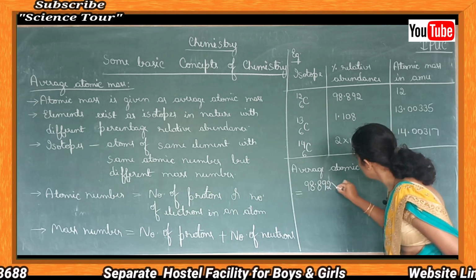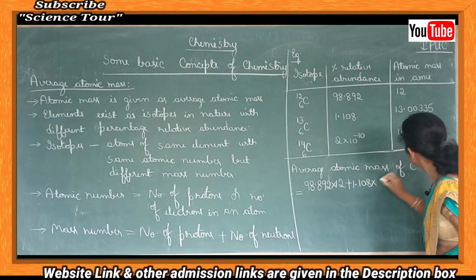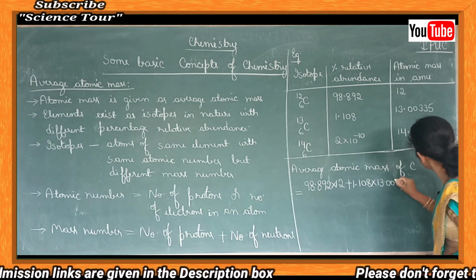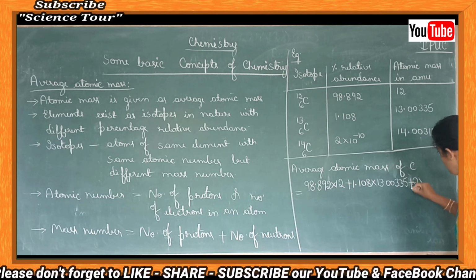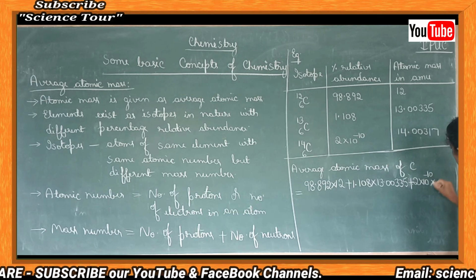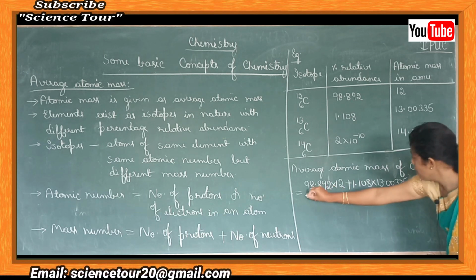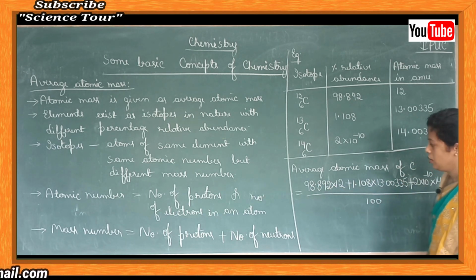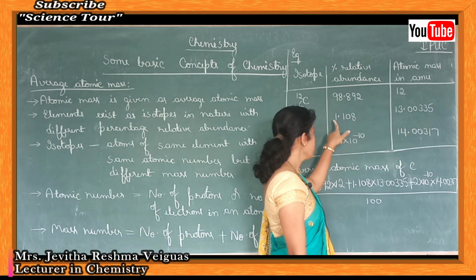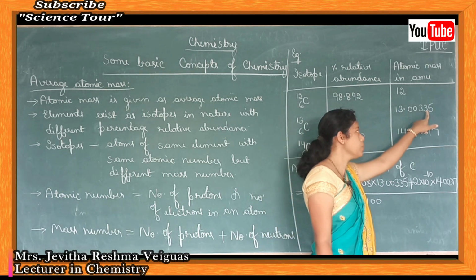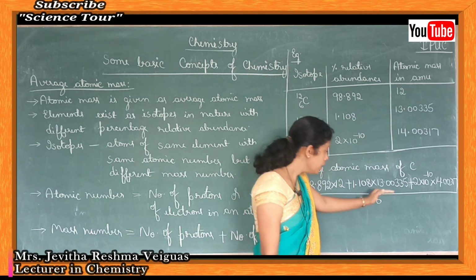98.892 into 12 plus 1.108 into 13.00335 plus 2 into 10 to the power minus 10 into 14.00317, divided by 100.